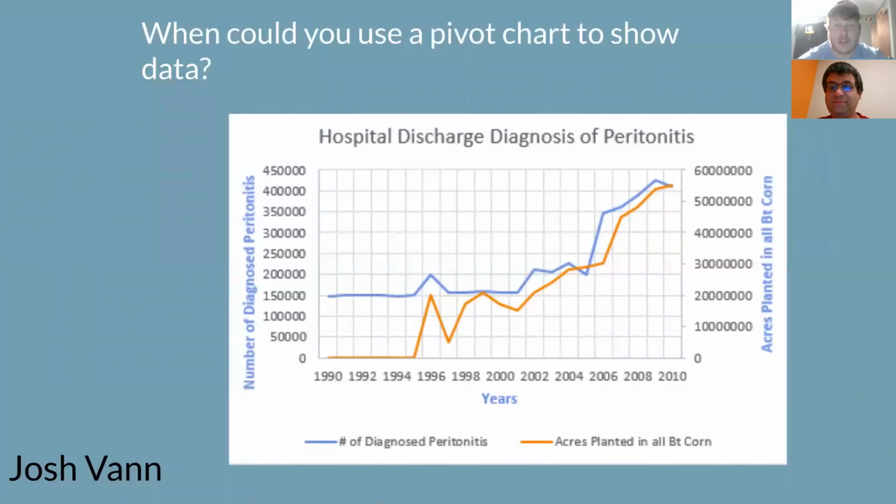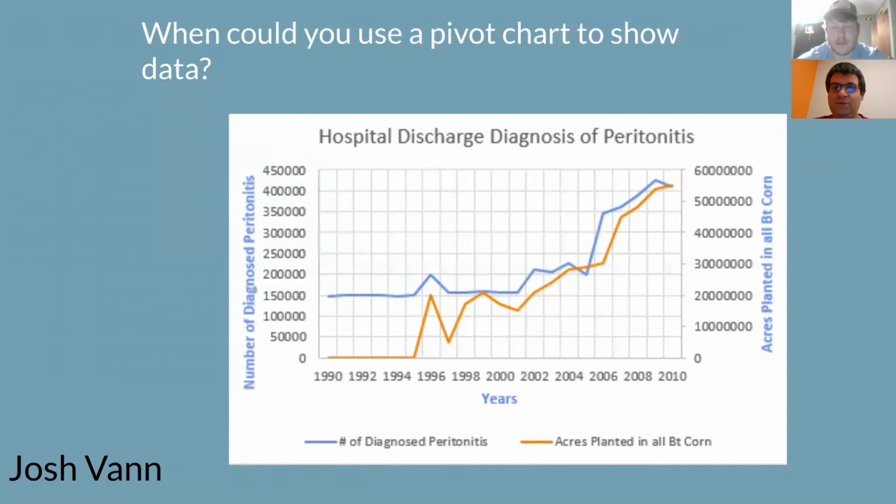Hey, Josh, when can you use a pivot chart to show data? You can use a pivot chart to show data whenever you have two different groups of information that you want to show together. Like here, we're doing the number of diagnoses of parentitis with the acres of planted corn, and also showing the years.